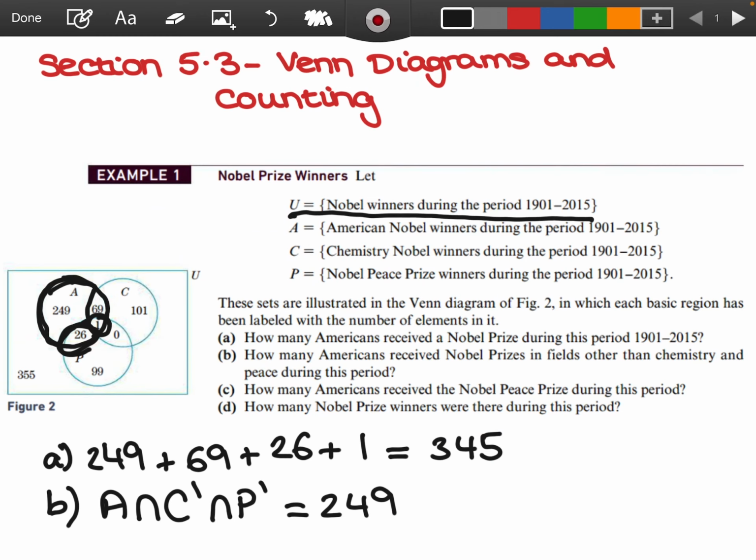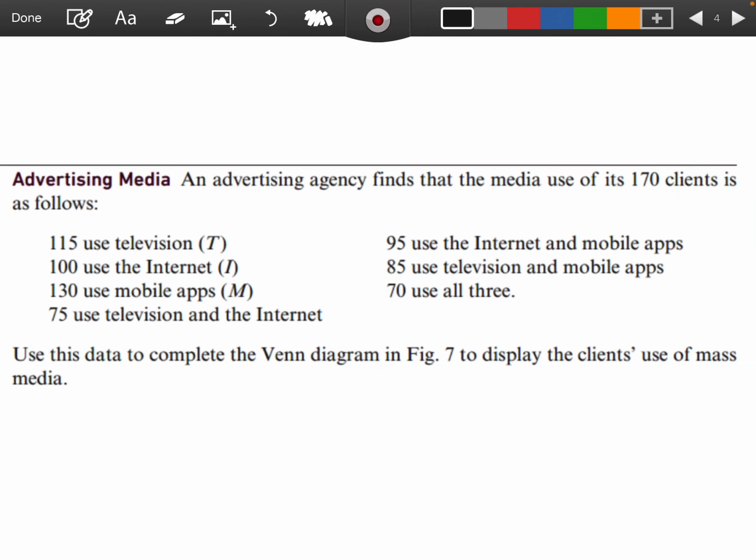Especially in part C, where we looked at the number of Americans that received the Nobel Peace Prize, our temptation is to go with 26. But we do have that additional person who was American and won the Nobel Peace Prize, but additionally also won the chemistry prize. So please keep that in mind. With some of these problems, don't forget to look at the intersection of all the sets, at that middle number.